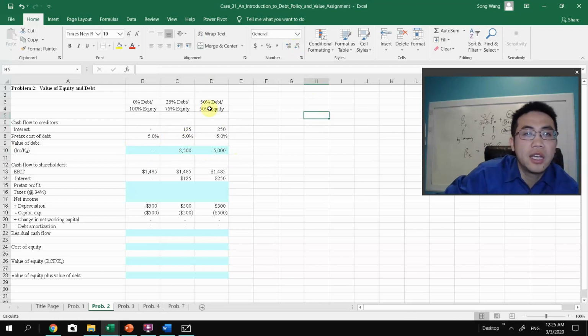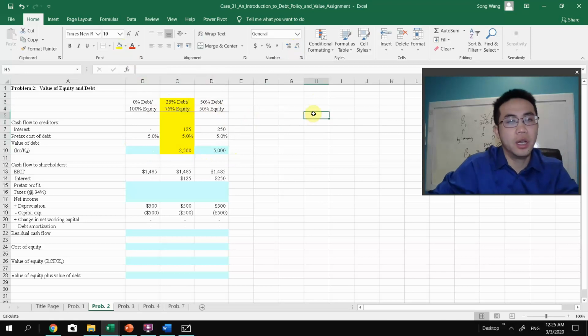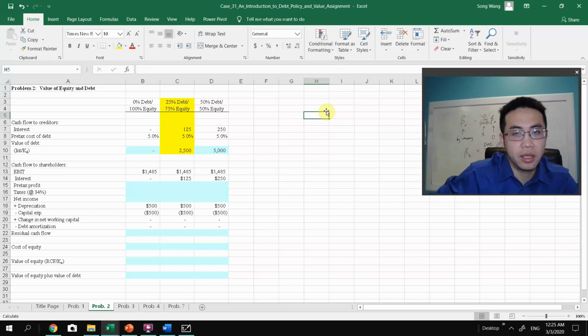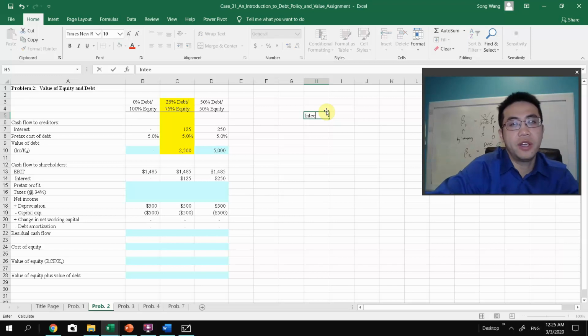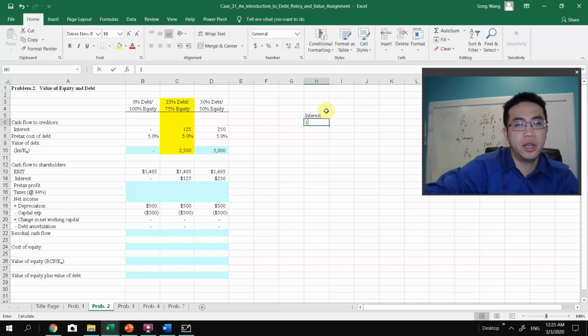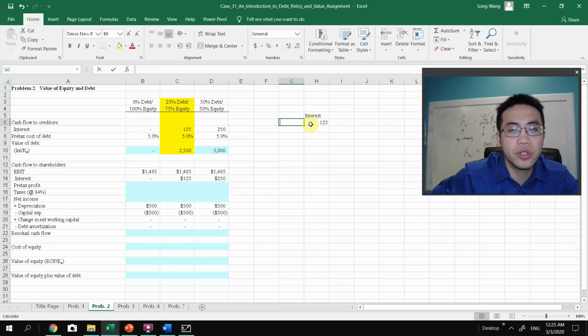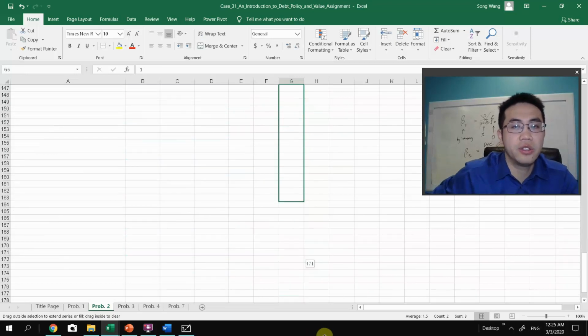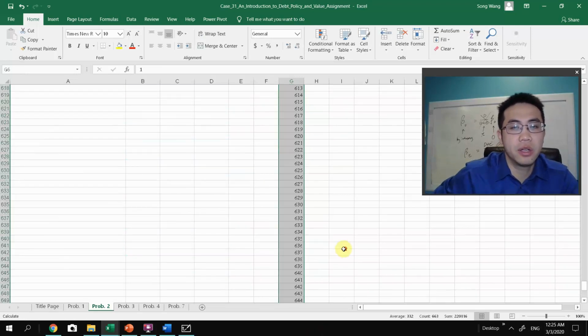The whole idea here is that, take this for example. If I keep paying interest every year, and each year I pay $125, so that's year 1, year 2, and I'm going to simulate so many years, a bazillion years.